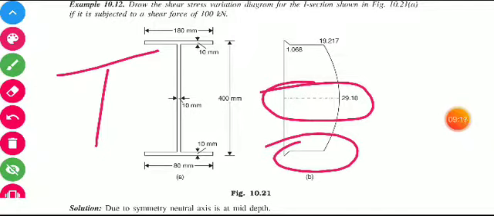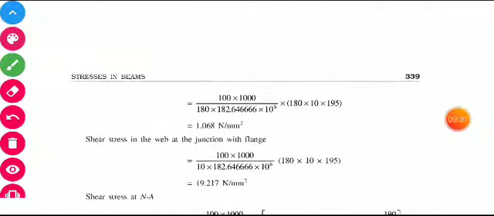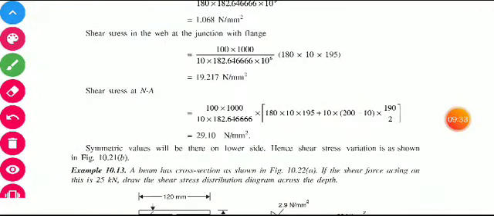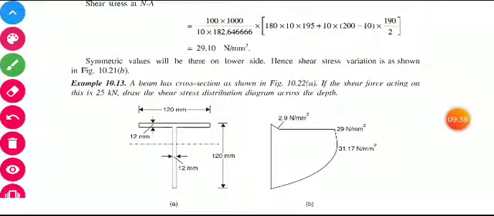So I give you an assignment: you must try one question on a T section on your own. If you have doubts, I will discuss it later. This is the T section, this is the diagram, and you have to find the shear stress distribution. The value of the shear force is 25 kilonewton. Okay, thanks.